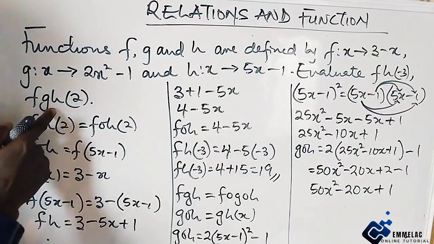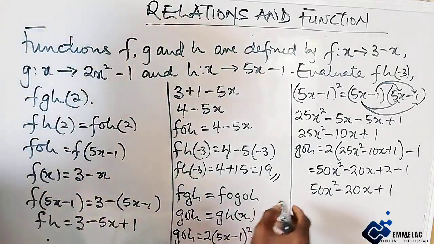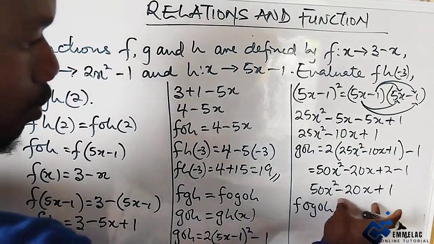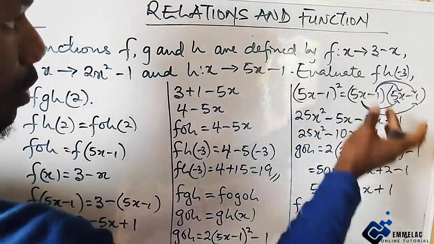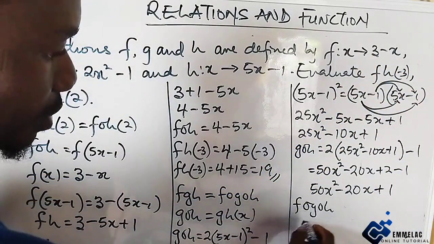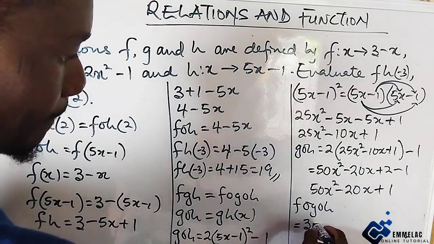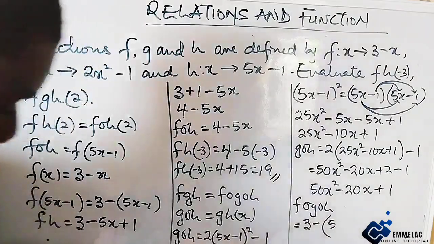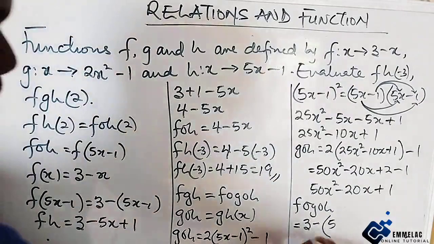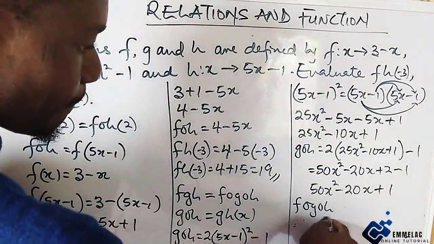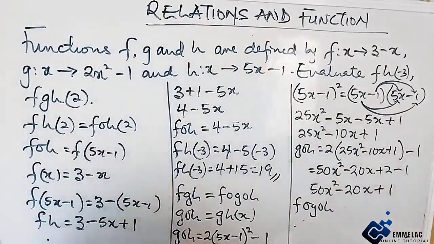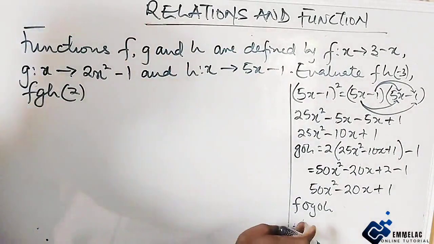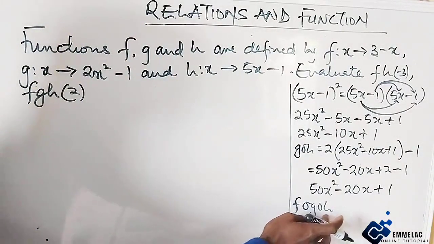f of g of h. Now this implies the whole of this expression into f. So here we have f of g of h.